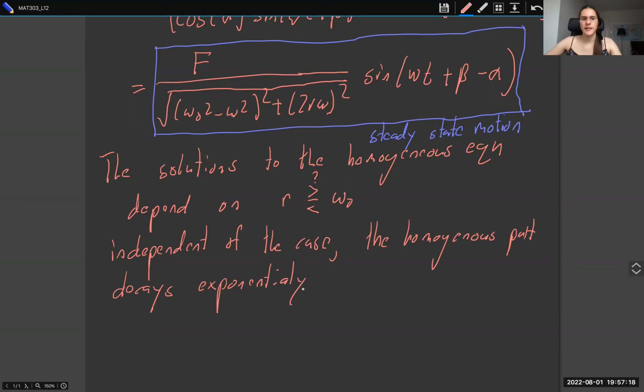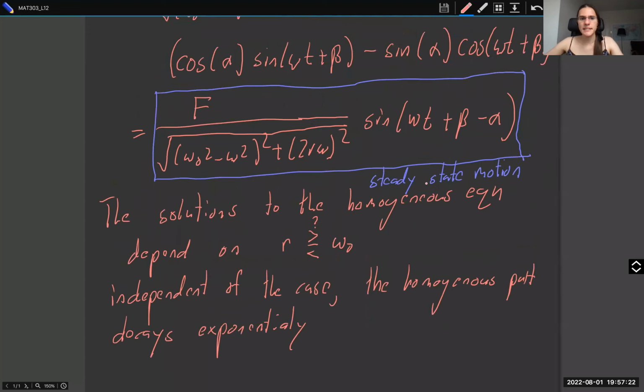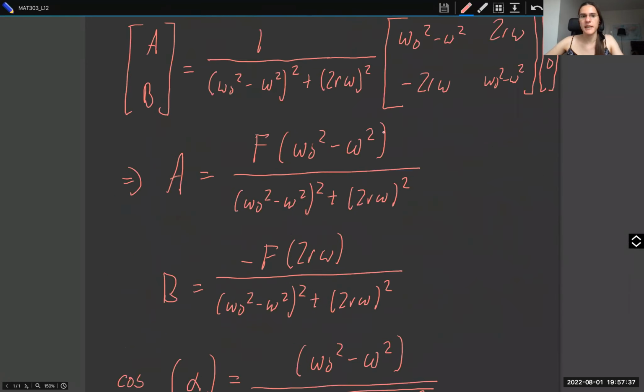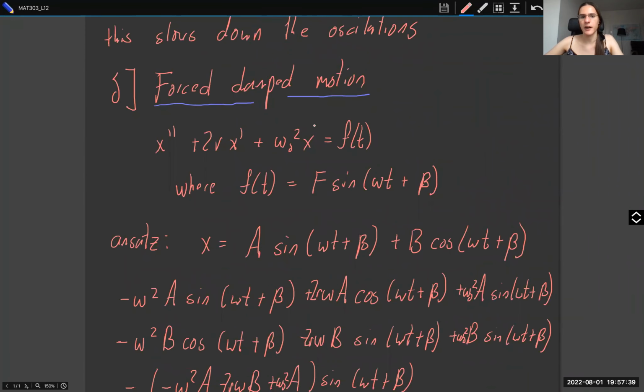Whether or not it oscillates, it still decays exponentially. But the steady state solution is going to be a constant periodic solution. So what we see then is that the frequency of the steady state solution is going to be omega. It's going to be the same frequency as the driving force.